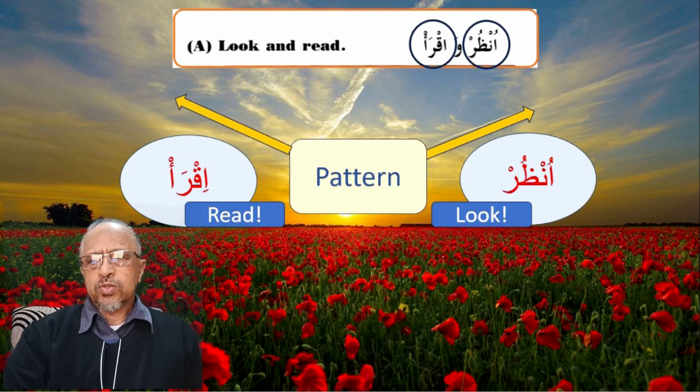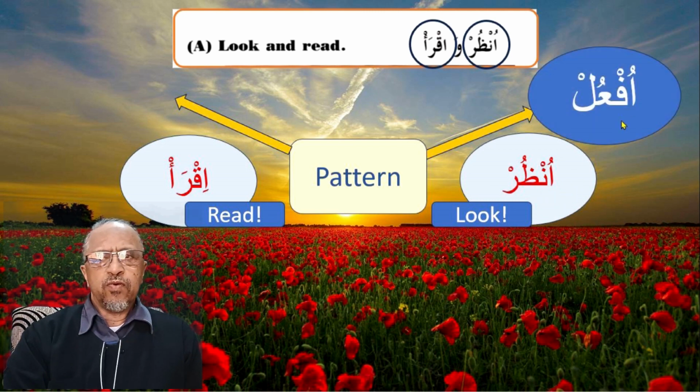But now we want to look at the different patterns of these two instructions. Firstly, the word Ondur has what we call the uf'ol pattern. In Arabic we replace all the letters by the fa, ain, and lam, and in front we put the u.